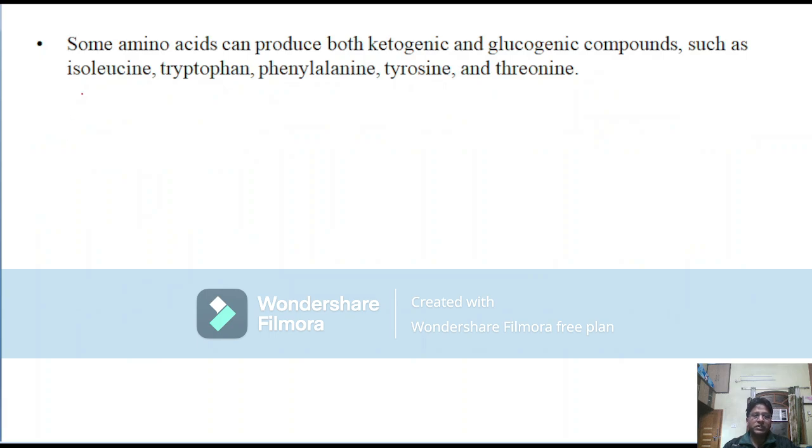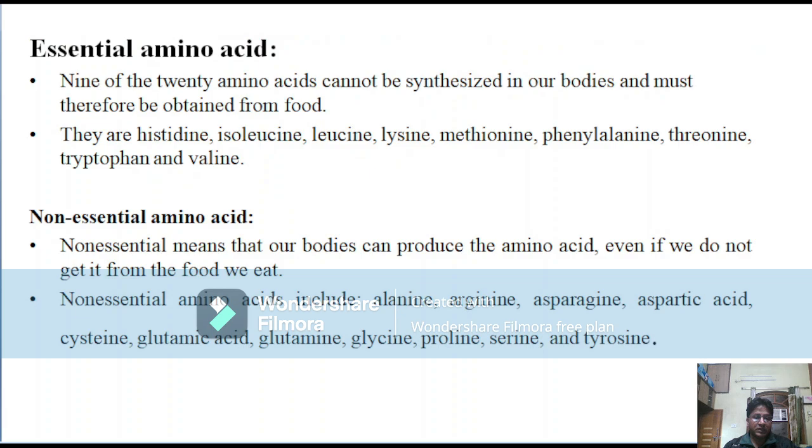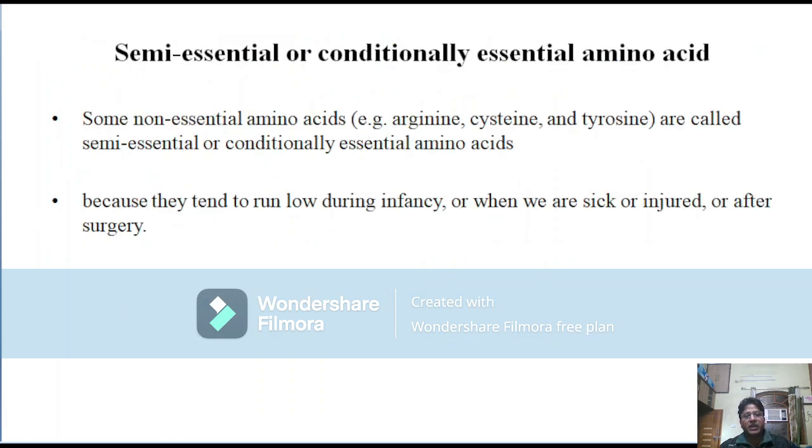And there are some amino acids which are further called semi-essential or conditionally essential amino acids, although they are non-essential amino acids. Examples are arginine, cysteine, and tyrosine, because their concentration becomes low during certain conditions, such as during infancy, or when we get sick or injured.